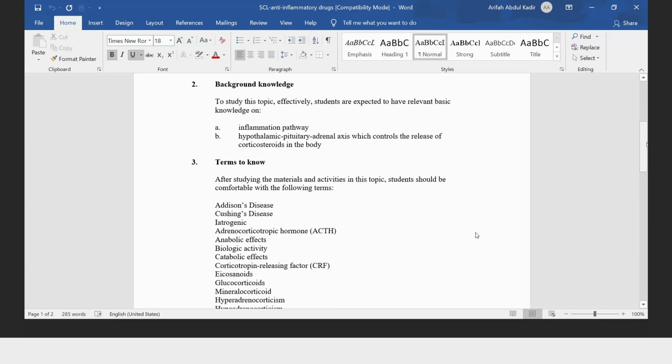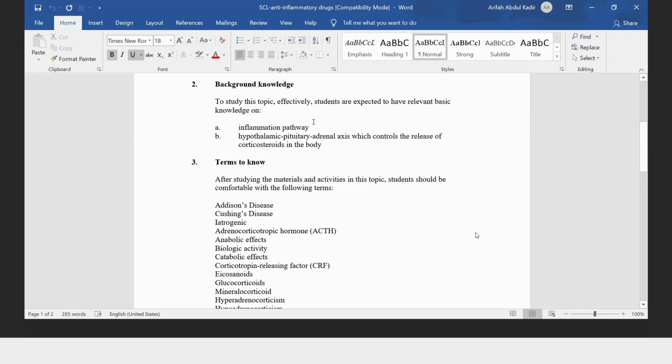Okay, so the background knowledge. To study this topic, students are expected to have relevant basic knowledge. This is your physiology. You must have some knowledge of pathology. Have you done your Path 1? Yes, doctor. So you must know about inflammation.